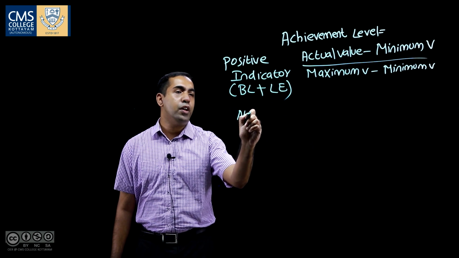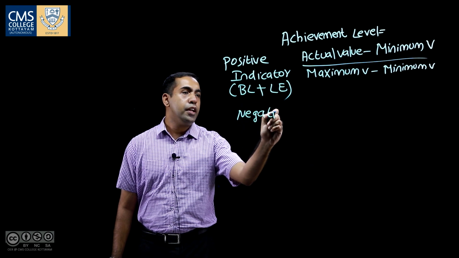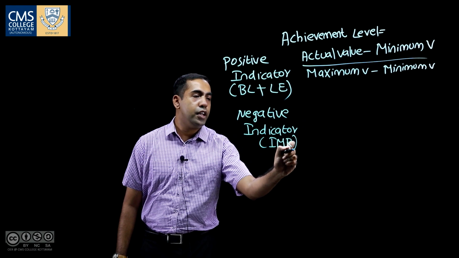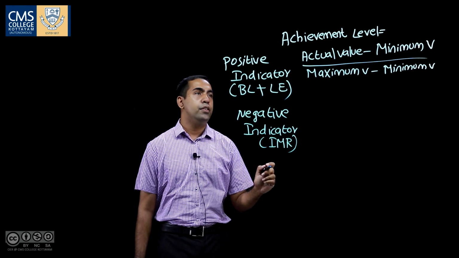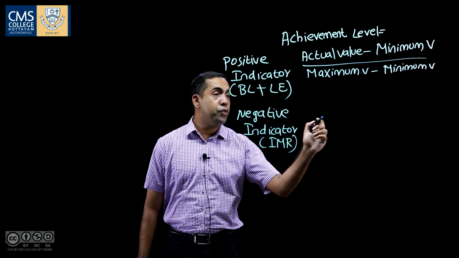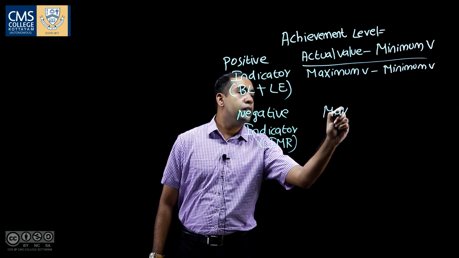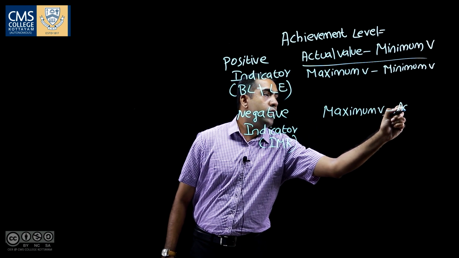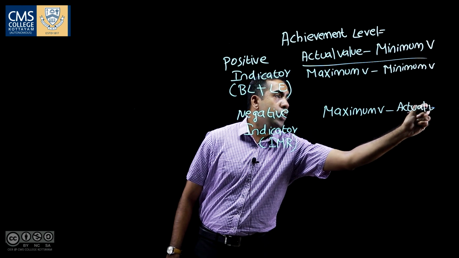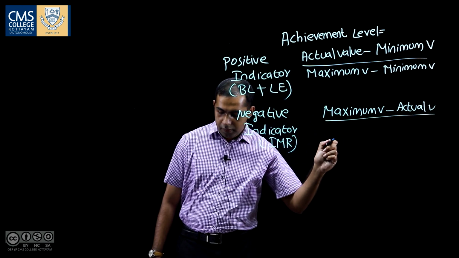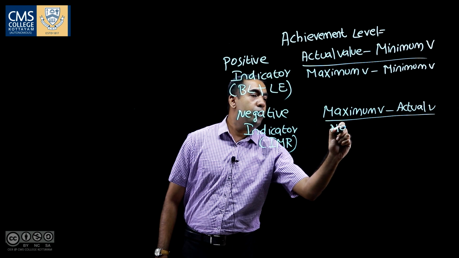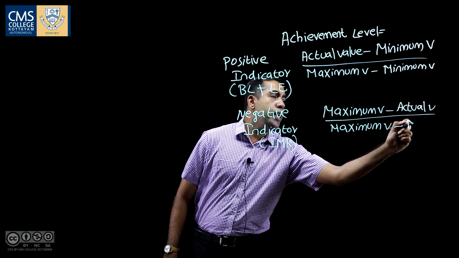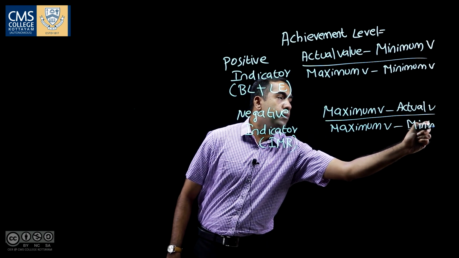Next is the case of the negative indicator, that is the infant mortality rate. Here we use maximum value minus actual value, divided by maximum value minus minimum value.